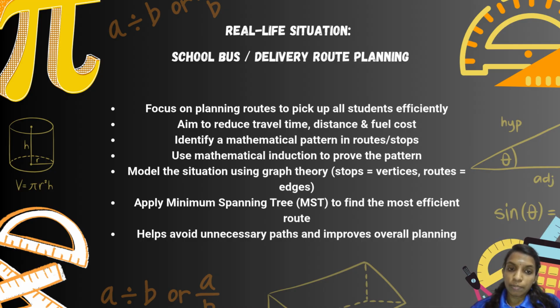Then we prove that pattern using mathematical induction. After that, we use graph theory to model the situation where the bus stops are represented as vertices and routes are the edges. Finally, we apply the minimum spanning tree method to find the most efficient route so we can avoid unnecessary paths and make the overall system more efficient.